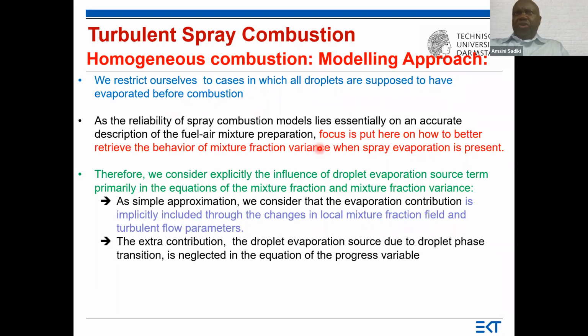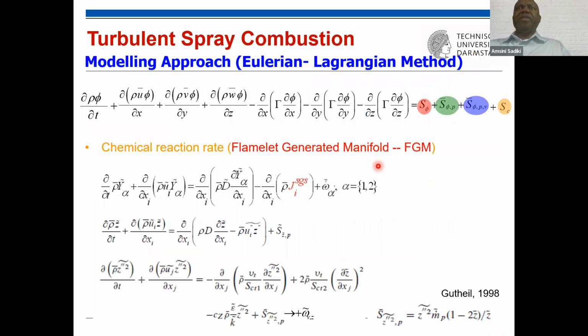And the question will be focused on the fuel-air mixture preparation, in which we say that the mixture fraction variance is modified when spray evaporation is present. This means we will get an additional term in the equation of the mixture fraction. And this will also influence the combustion, and we will neglect the extra term in the equation of the progress variable. So this is the setup.